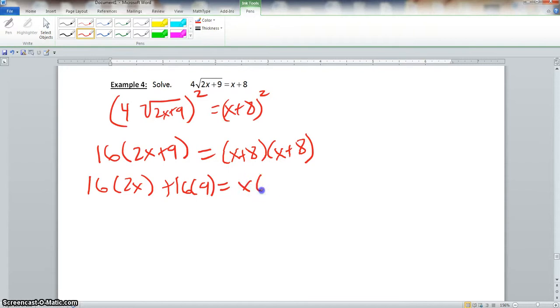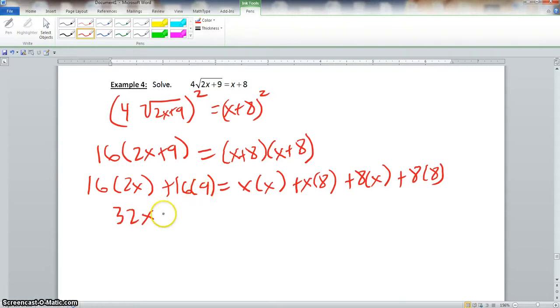So we have x times x plus x times 8 plus 8 times x plus 8 times 8. Now, we will have 16 times 2x, which is 32x, and 16 times 9, which is 144, is equal to x squared plus 8x plus 8x plus 64.